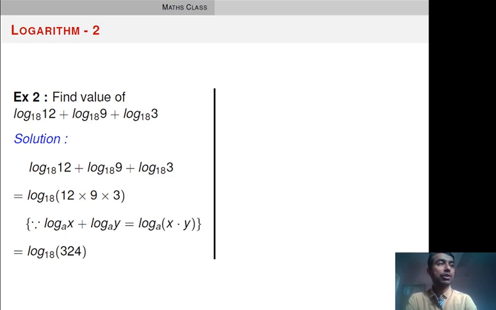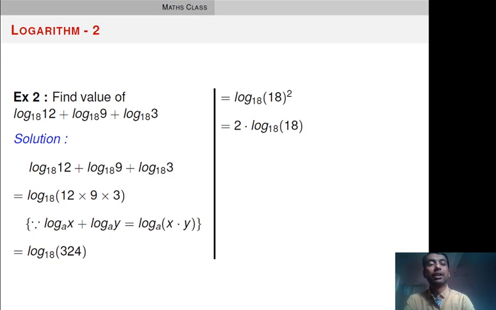So you may use a calculator and you will find out that 18 square is 324. So in place of 324 we can write 18 square. Now 2 is the power of the number, so we can shift it into multiplication with log function, and log 18 base 18 will be equal to 1. So final answer is 2.